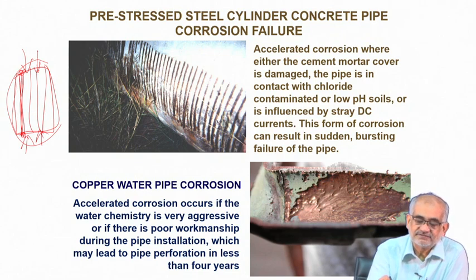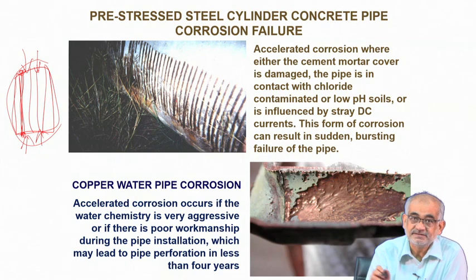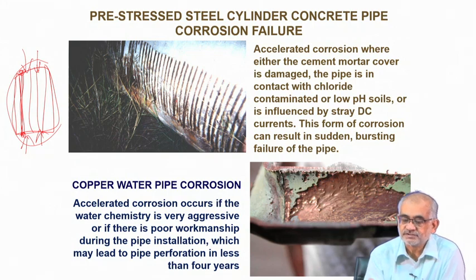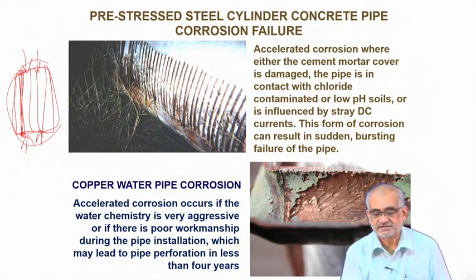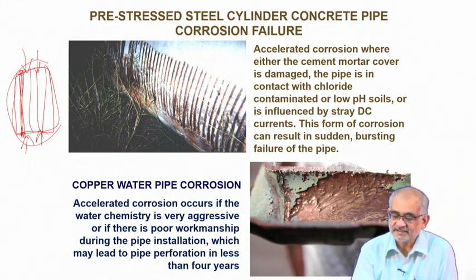So these kinds of concrete structures will always have a steel or metal-concrete interface, and there could be a certain amount of corrosion happening because of the trapped moisture. And in fact, it depends vastly on the presence of chloride contamination or the pH level, the acidity or basicity level, and also it is influenced by the presence of stray DC, direct current.